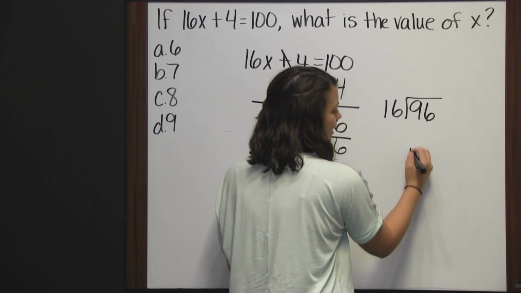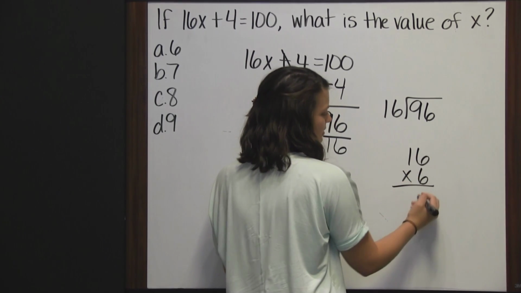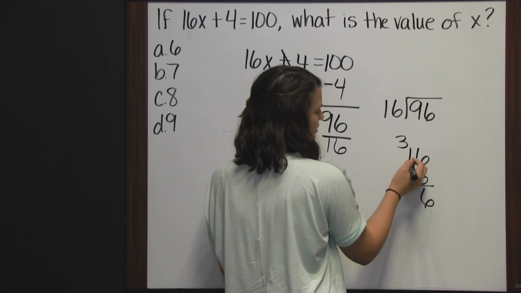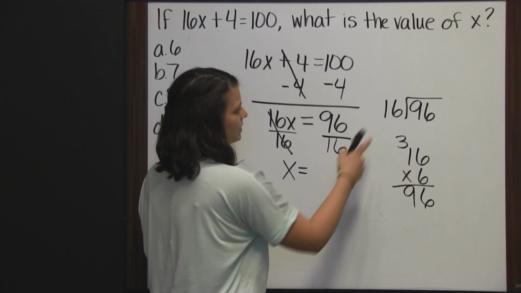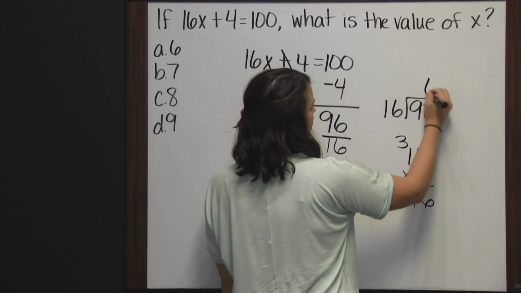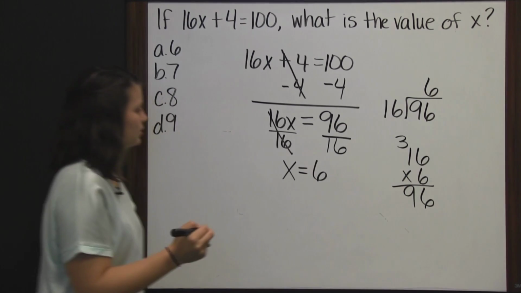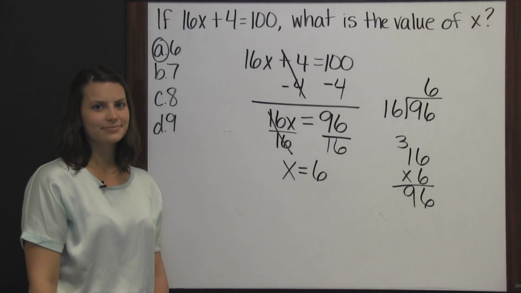I would guess 6 times. 6 times 6 is 36. Carry the 3. 6 times 1 is 6 plus 3 is 9, so 96. That means that 96 divided by 16 is 6. So x equals 6. Answer choice A.